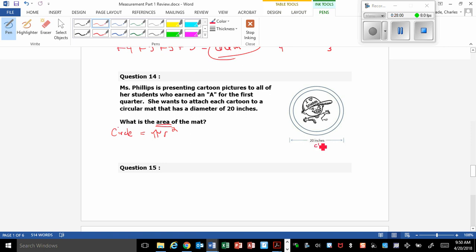Now, do we have r? No, we have d. 20 is d, but I know that half of d, meaning from here to there, is the radius. From there to there, that's r, which in this case would equal 10. So then I'm just going to plug it in.